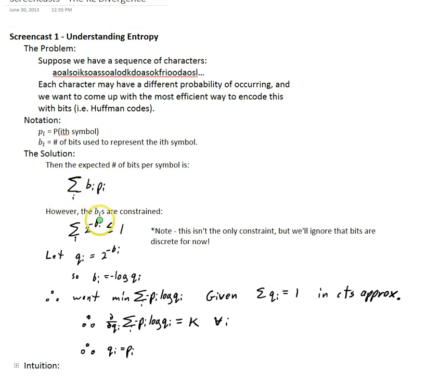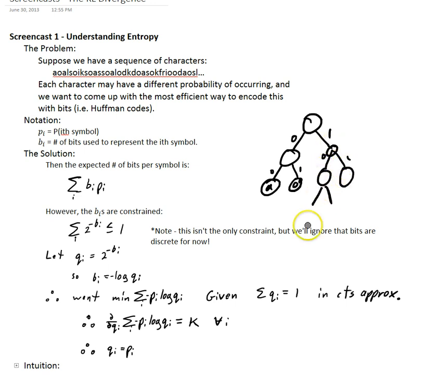Now, the number of bits are constrained as follows by this equation. So I guess this relates to if you have a tree, then you can represent that as a 0, 1, and then 0, 1, and maybe we put our A here, and maybe we put an O here, because O occurs quite a bit, and then 0, 1 again, and so on.